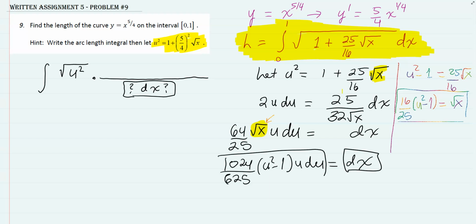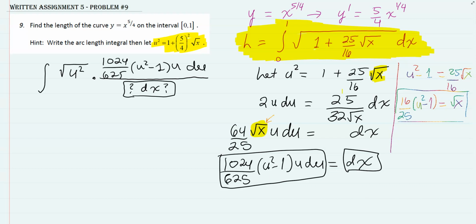Okay, so with all that put together, we will have here 1024 over 625 multiplied by u squared minus 1 times u du.